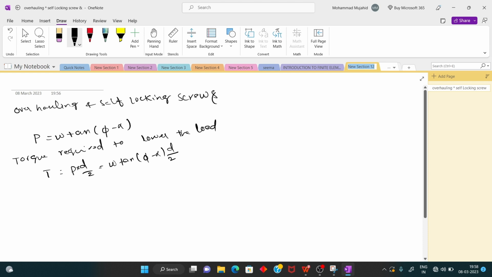So for this expression, if phi is less than alpha, then the torque for lowering the load will be negative.